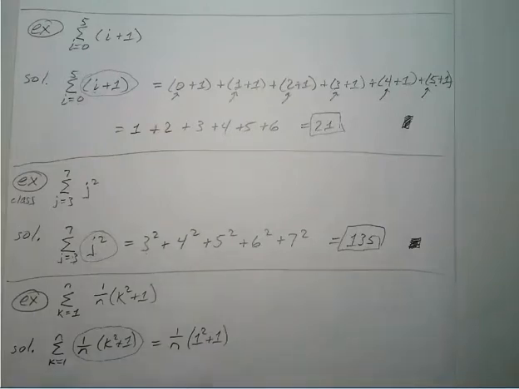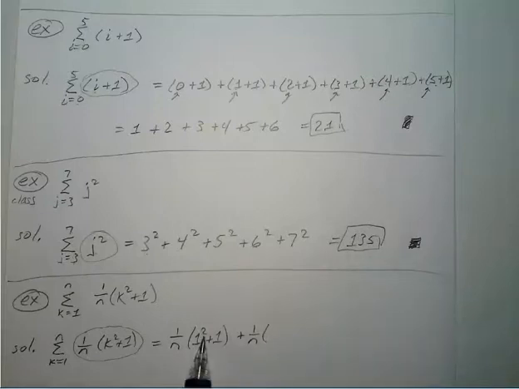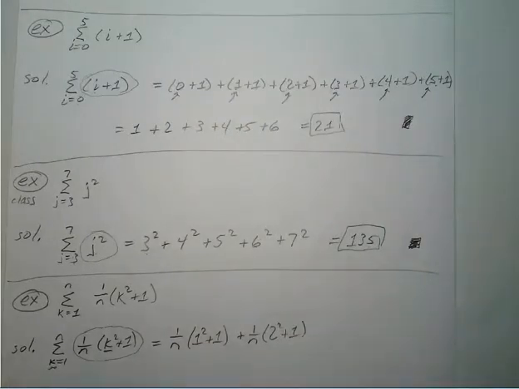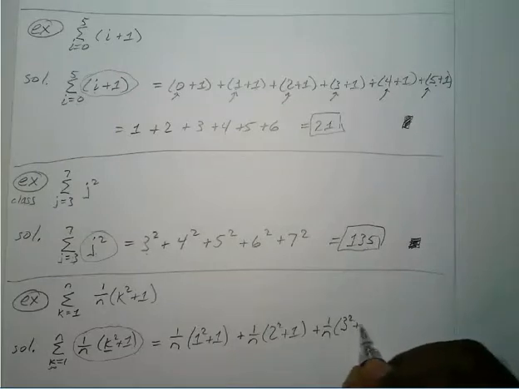Okay, now we're going to go up 1, so that's plus 1 over n times 2 squared plus 1, because remember, we're just replacing the k. Then plus 1 over n times 3 squared plus 1.